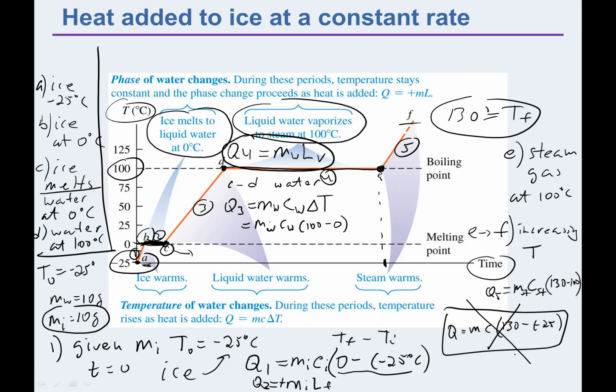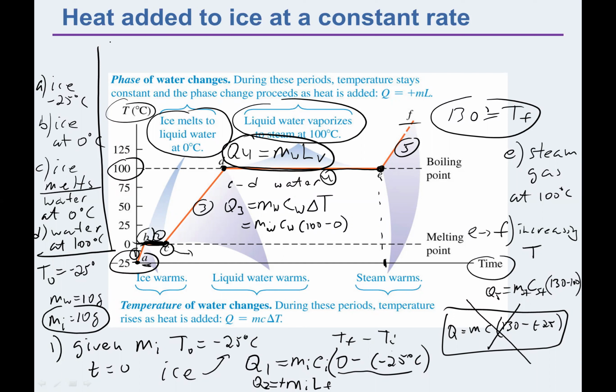This equation will work if I have, say, copper or gold or something like that, because at negative 25 it's solid and at 130 it's solid. That means the entire time there is no phase change, and I have no problem using this equation. Water, in another case, has a phase change at 0 degrees Celsius and a phase change at 100 degrees Celsius, and this equation cannot work.